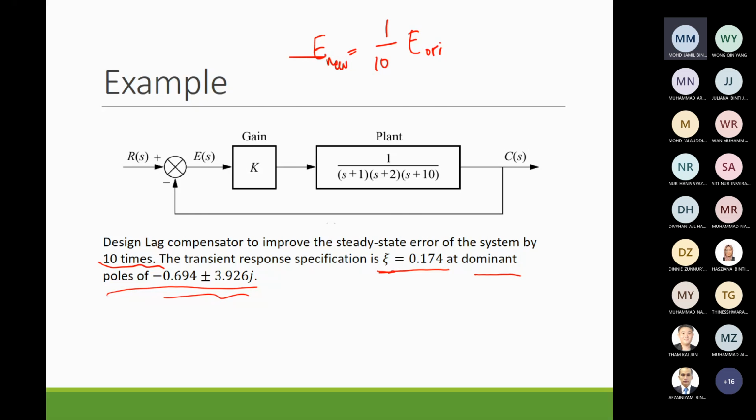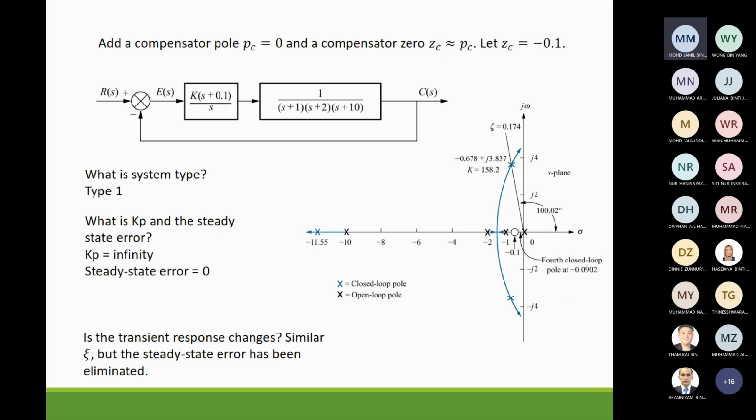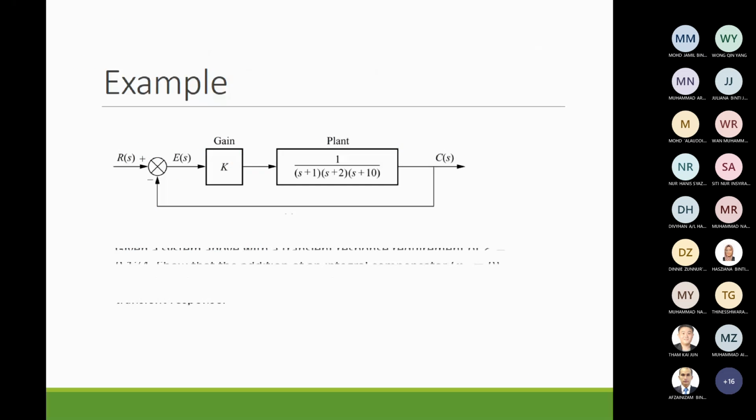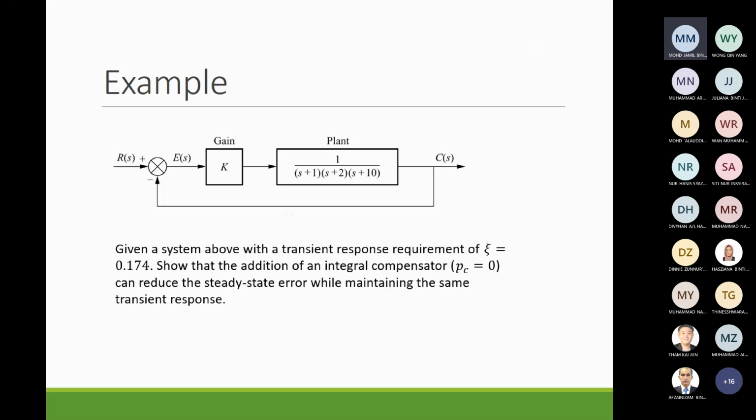So this example is actually similar to the example in the ideal compensator that I showed last week. Similar example, but a different kind of compensator.